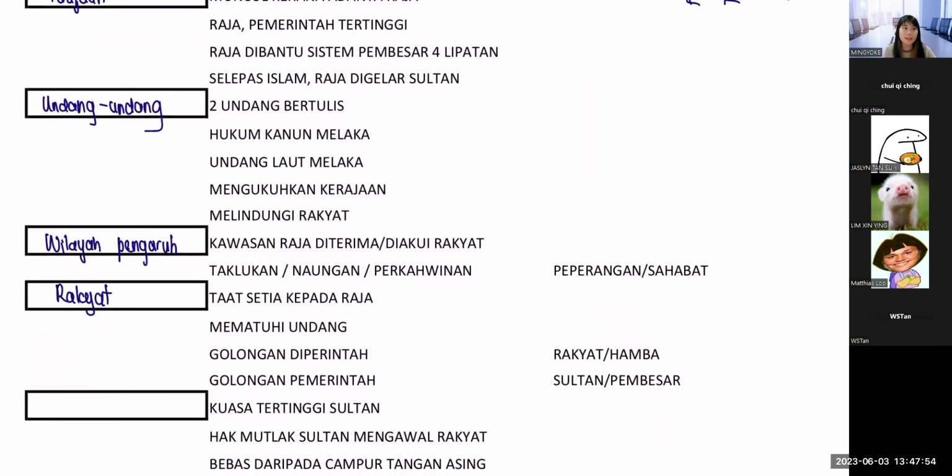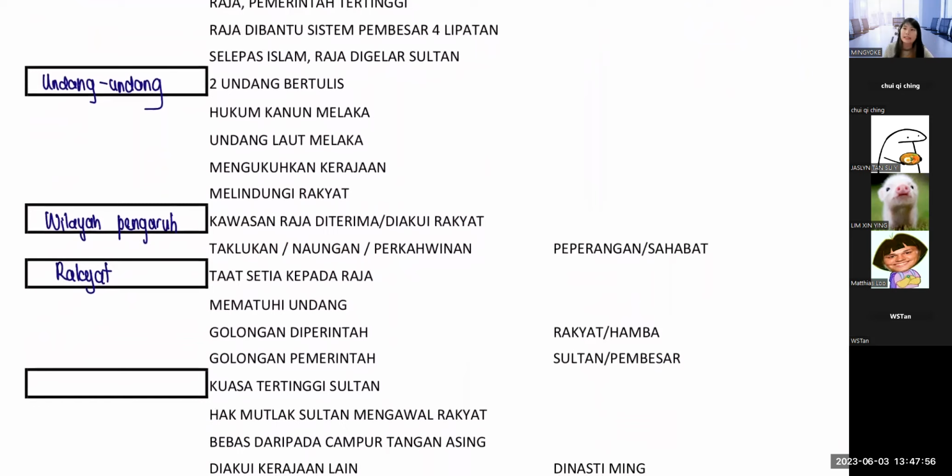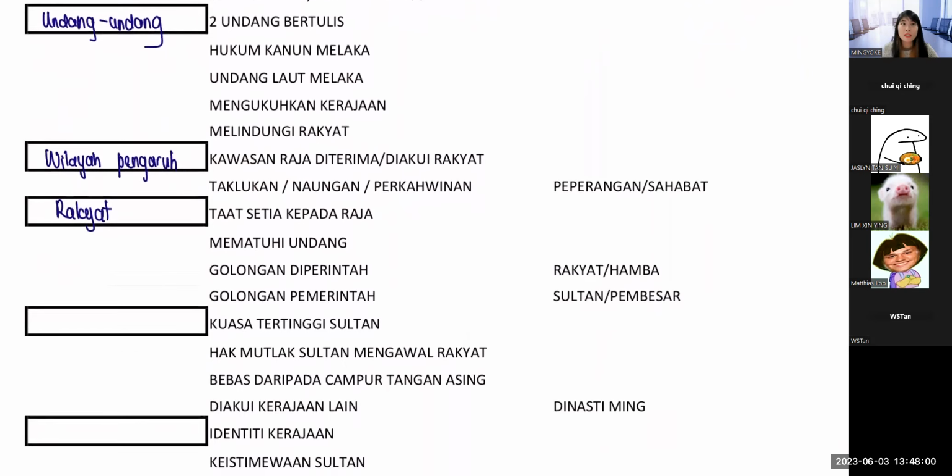Rakyat mesti taat setia kepada raja. Selain itu mematuhi undang-undang, obey the law. Dan rakyat terdiri daripada golongan diperintah dan golongan pemerintah. And you can further elaborate contoh golongan diperintah adalah rakyat dan hamba. Golongan pemerintah merupakan sultan dan pembesar, like that.